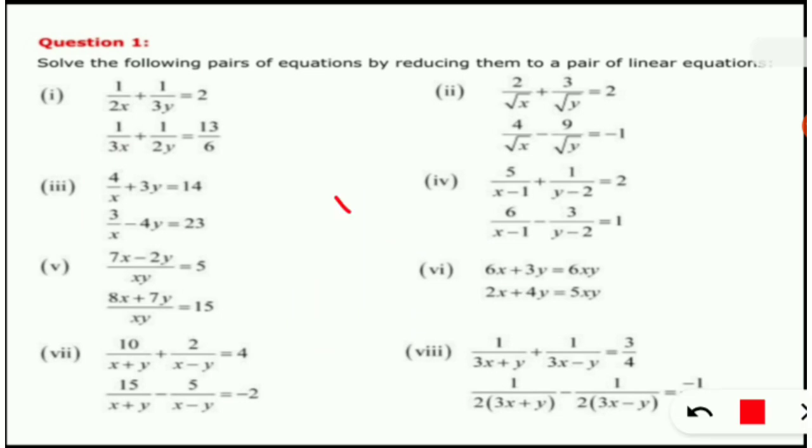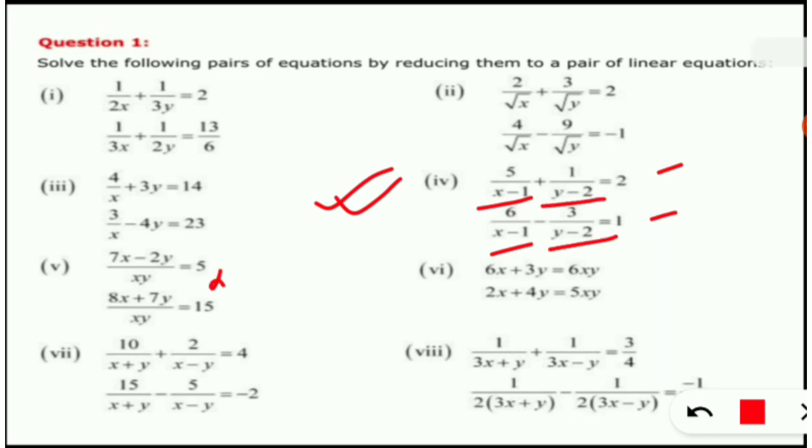So the question is 5 by x minus 1 plus 1 by y minus 2 equals 2, and next 6 by x minus 1 minus 3 by y minus 2 equals 1. Here the common terms are 1 by x minus 1 and 1 by y minus 2.